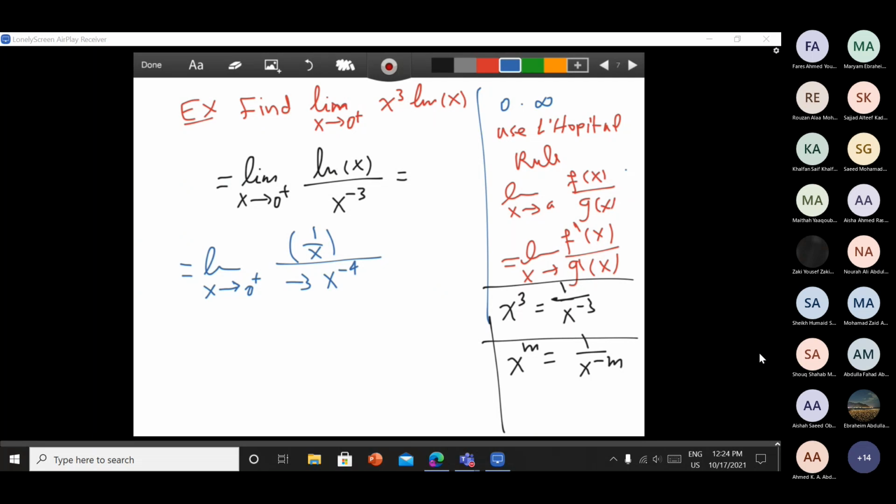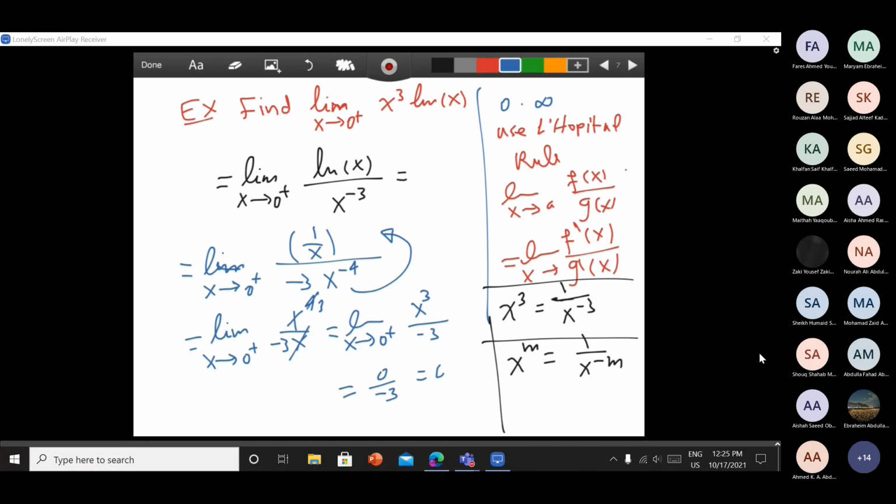Now I can get this up with a positive power. So I have 1 over x, and minus 3 taken up by x to the power 4. So it is the limit when x tends to 0 from the right side. I have x, so I can cancel this one with this one. I have x cubed over minus 3. When I substitute 0, I have 0 over minus 3, so I end up with 0.